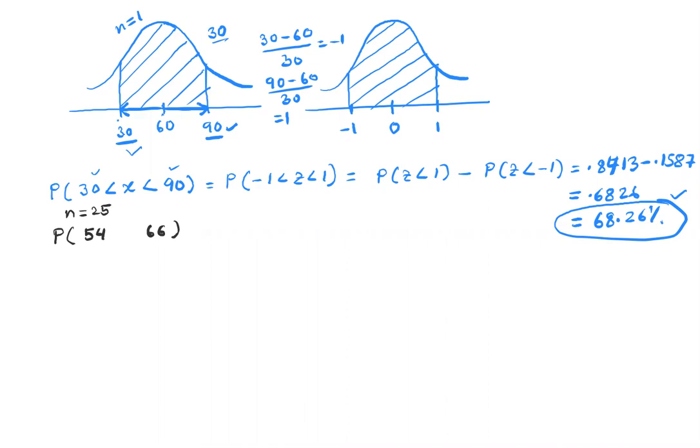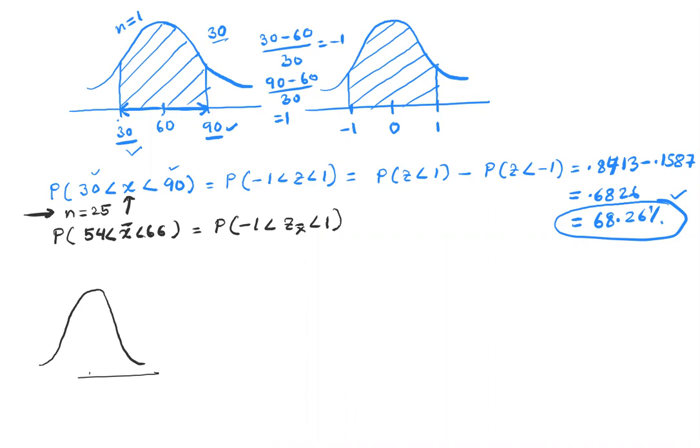So now, you will not be using X anymore. You're going to be using X bar. Why X bar? Because we are dealing with a sampling distribution. Now that is going to be equal to the probability of Z sub X bar between -1 and +1. Now let me just draw the quick diagram here.